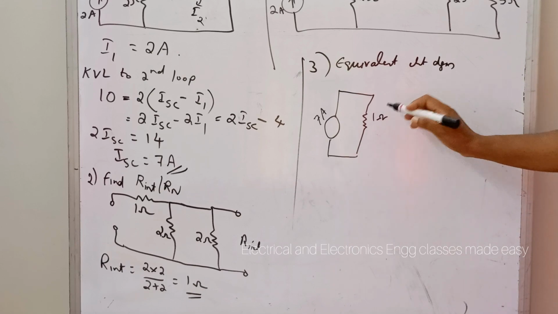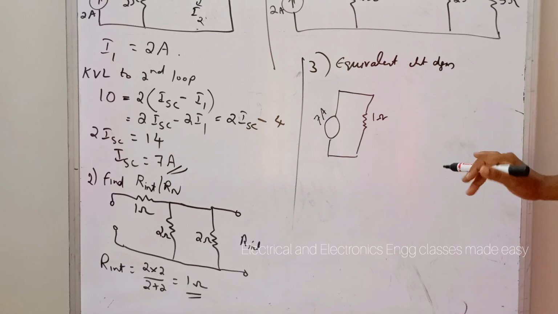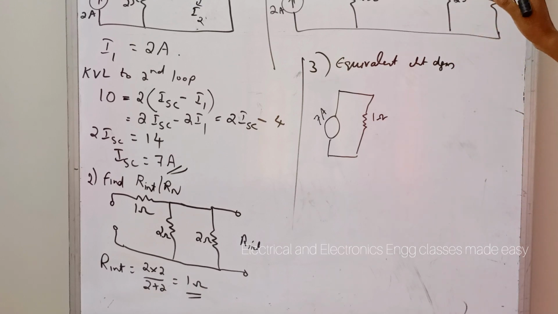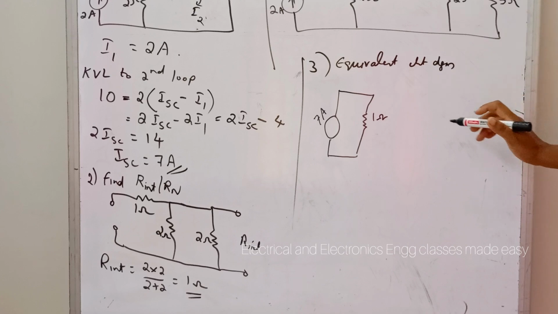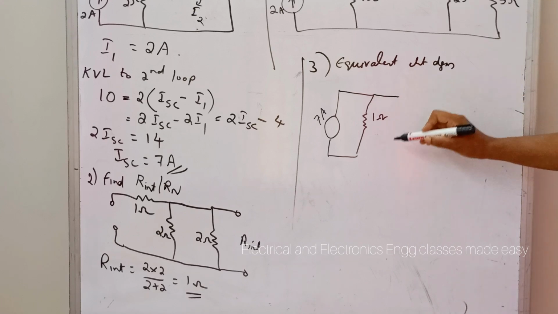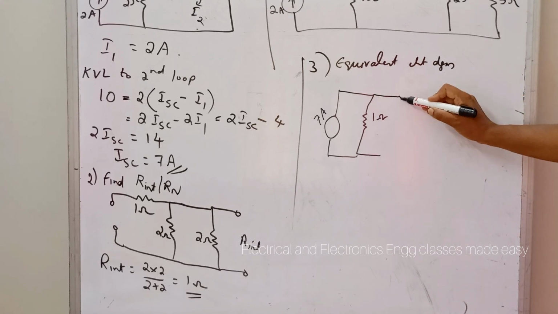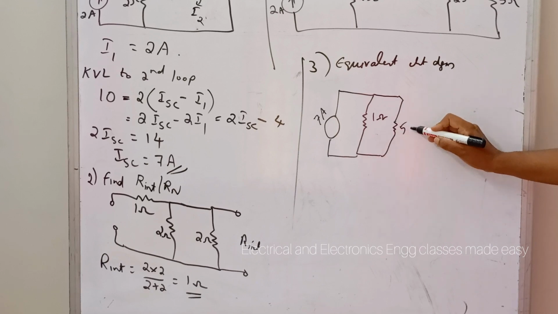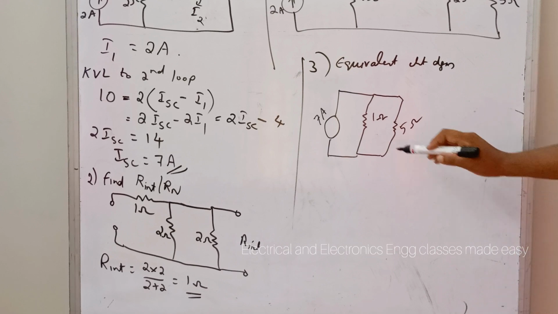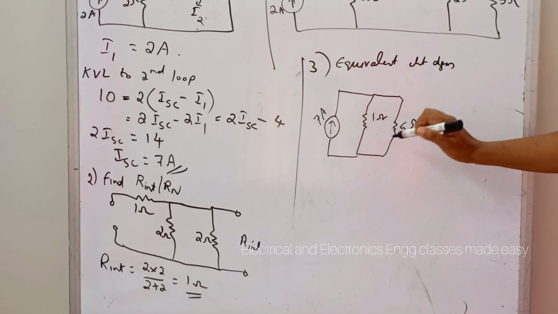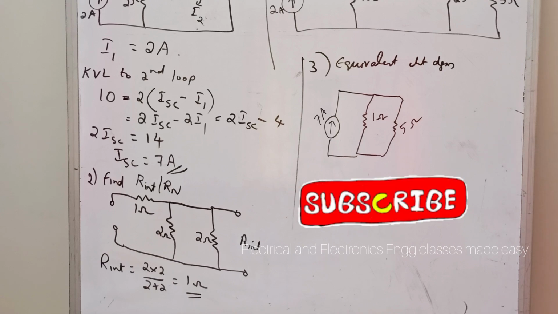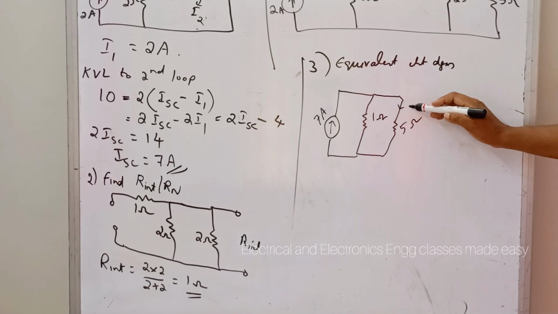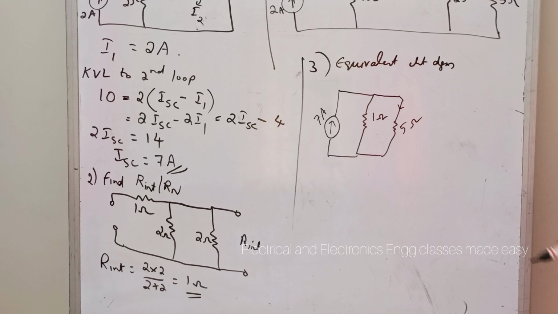So this is the equivalent circuit diagram, and to find the current through the 5 ohm resistor, we have to connect this 5 ohm resistor in parallel. So this is the 5 ohm resistor. So this is the 7 ampere current source. Now we have to find the value of current through this 5 ohm resistor.